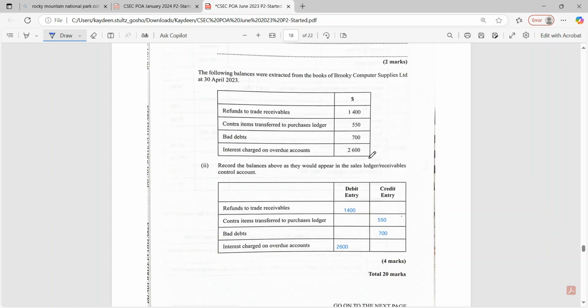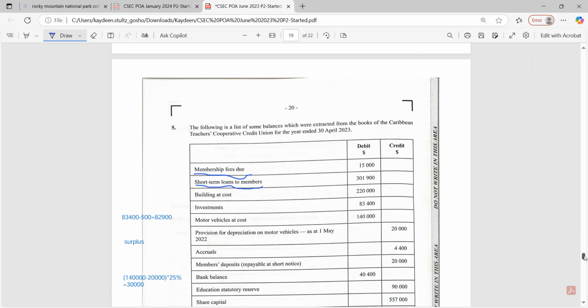So if we're transferring a contra item to a purchase ledger, we're going to credit it to show that the receivable account is decreasing, and that's 550. Bad debts is going to decrease the receivable account, so it's a credit entry. Interest charge on overdue account is going to increase the sales account, or the receivables account. So it's going to be a debit entry.